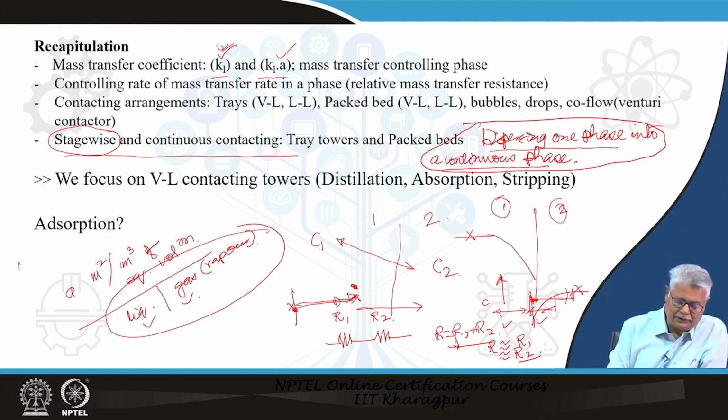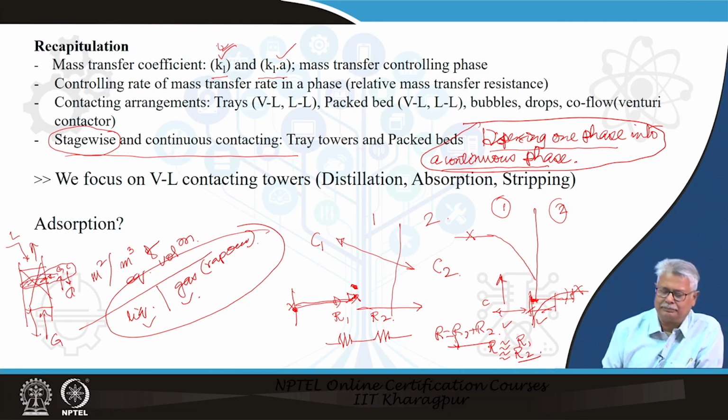For example, if you have a packed bed, which I am showing here, through which you have a gas going up and a liquid coming down from the top, then if I consider any particular section, you will find there is an upflow of gas and a downflow of liquid, and there is a fair amount of interaction between the two phases.